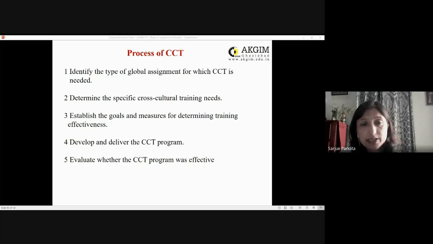Then second, we said individual or expatriate analysis. At this particular level, what you need to analyze is the expatriate. Now, what are you going to analyze in the expatriate? His motivation level, his own culture where he is hailing from, right?